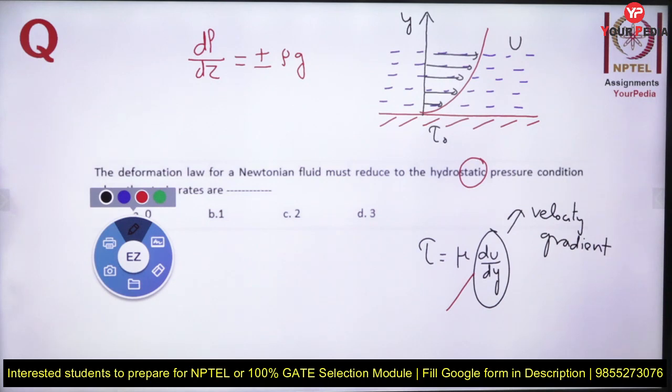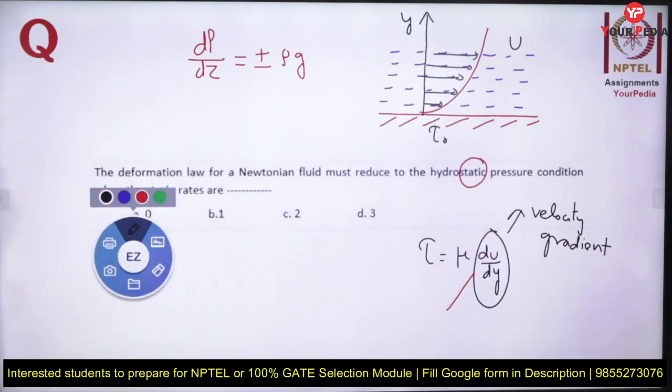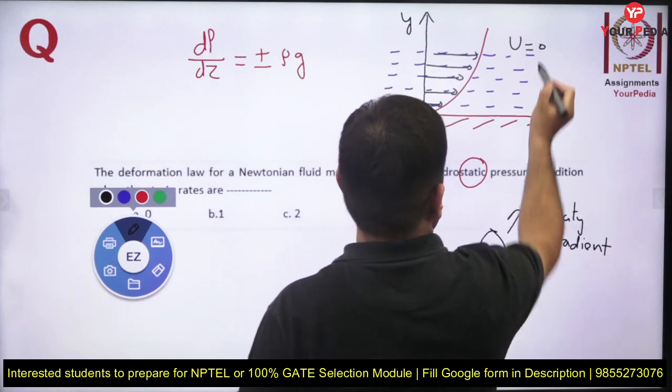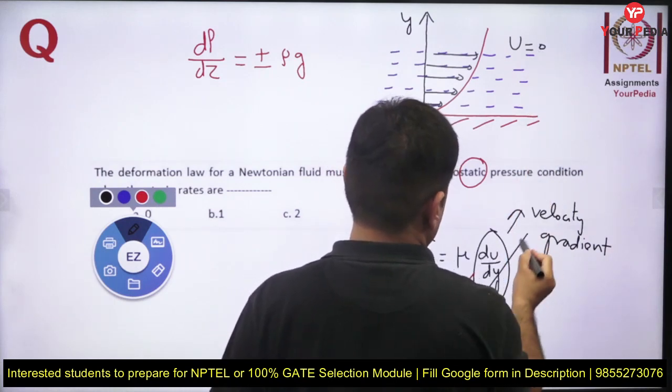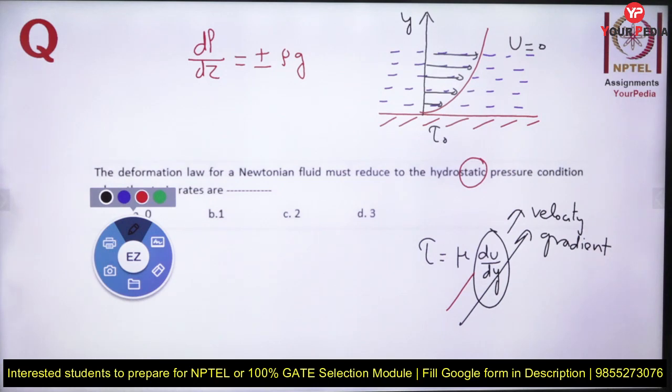Now think of it: if there is no fluid flow, if the velocity of flow is 0, this rate of shear strain will also be 0, and the fluid is said to be static, so the hydrostatic law can be used.